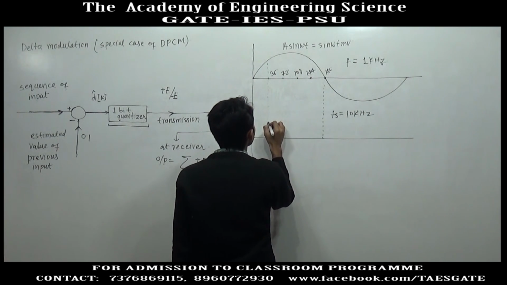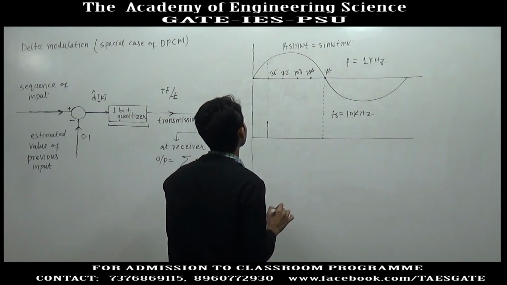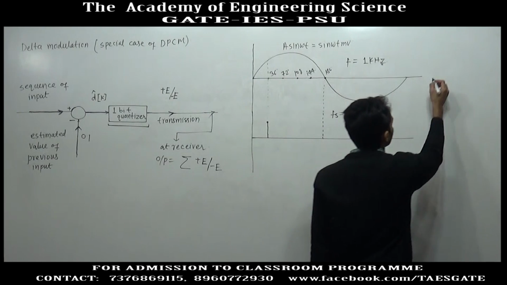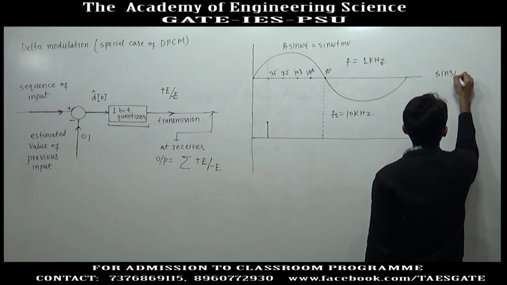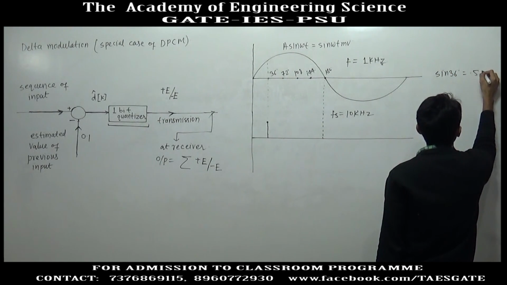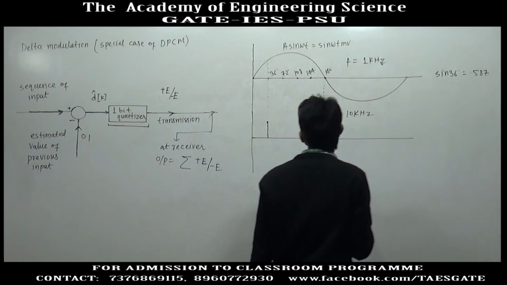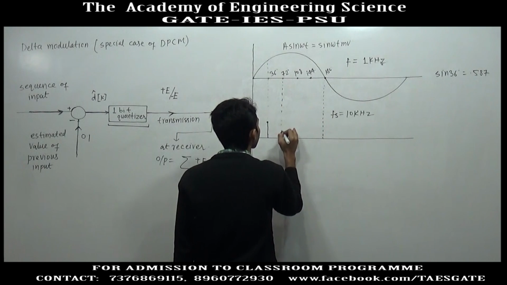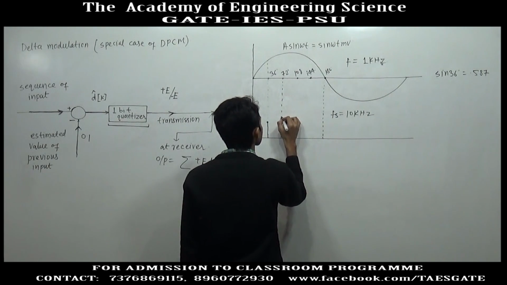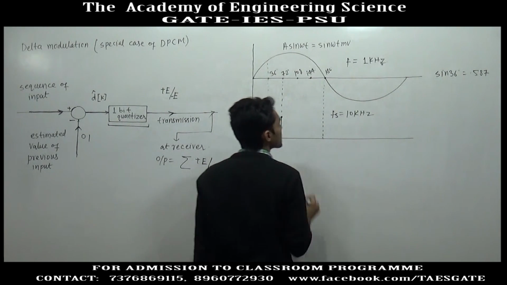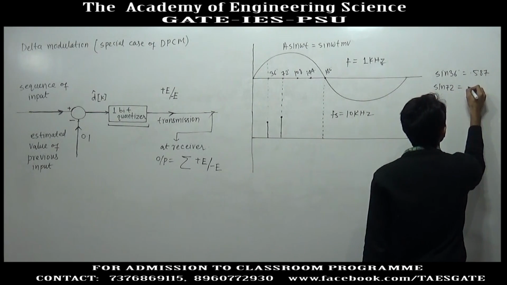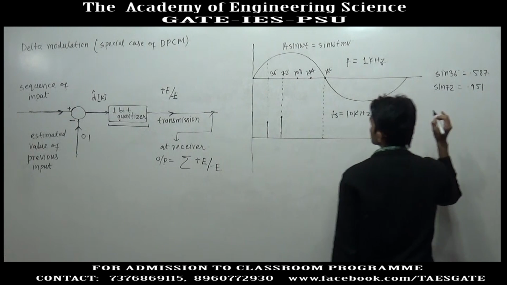So here the sample values will be: the first sample is sin 36 degree, which is equal to 0.587. The second sample will be sin 72 degree, which is 0.951.